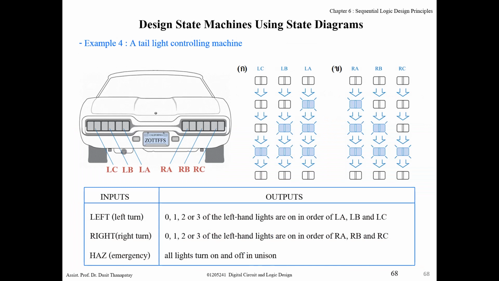Now let's see example 4. This example has you design a tail light controlling machine.